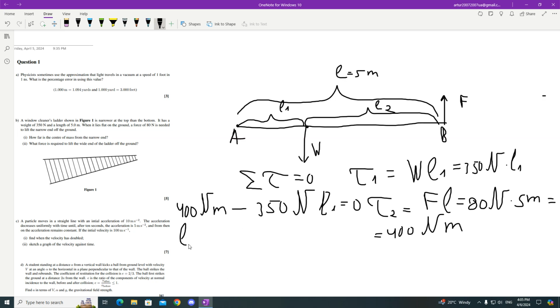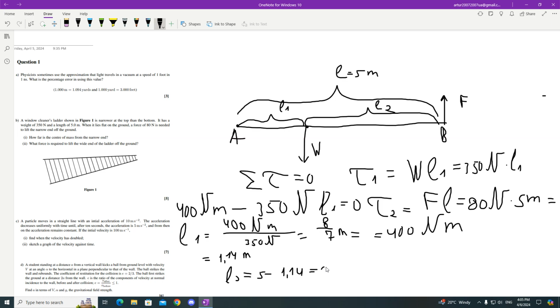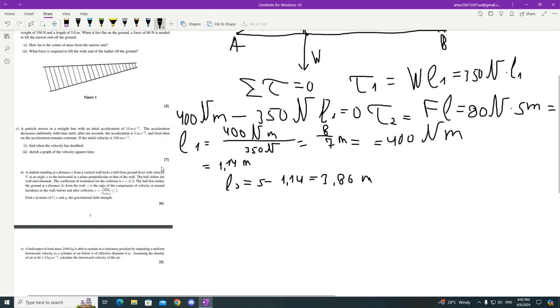So L1 is equal to 400 newton meters over 350 newtons, and it's good because the units produce meters, which we need. It's 8/7 meters, equal to 1.14 meters. But it's not what we seek. We seek L2. L2 is 5 minus 1.14, which is 3.86 meters. So that's the first part solved.